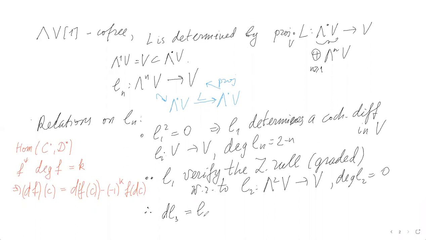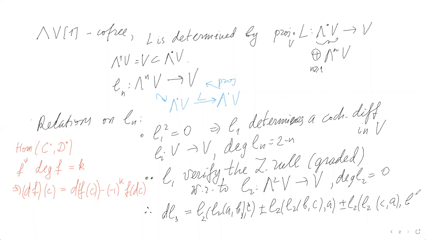So it's L2 of L2 of A, B, C minus plus or minus L2 of B, C, A plus or minus L2 of C, A, B. And here, of course, d is just the L1 differential.